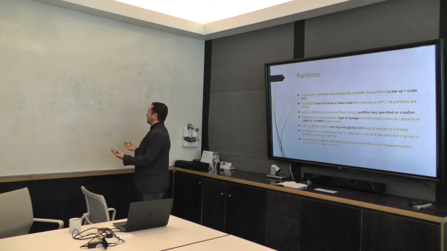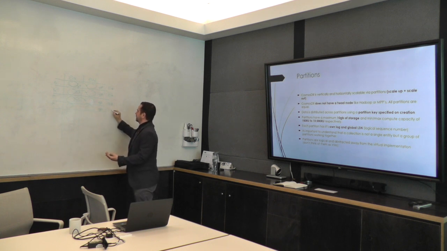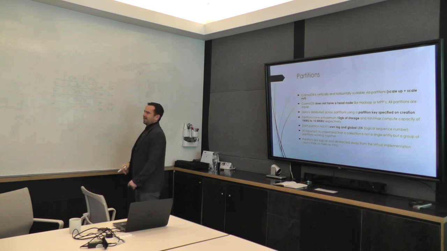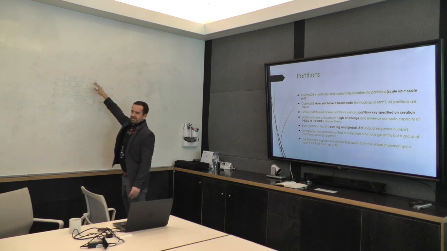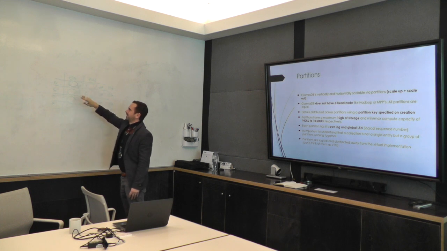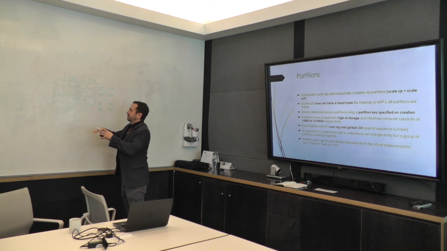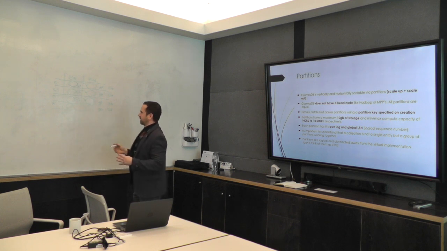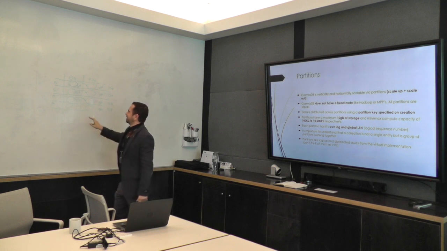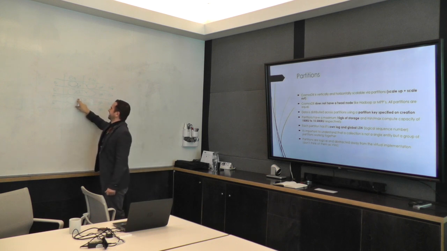So my total storage size is 40 gigabytes. My global maximum compute is 10,000 RU, but it's split across the system. And the coordination of getting data and writing data to the different partitions in the system is orchestrated by the client. Does that make sense?